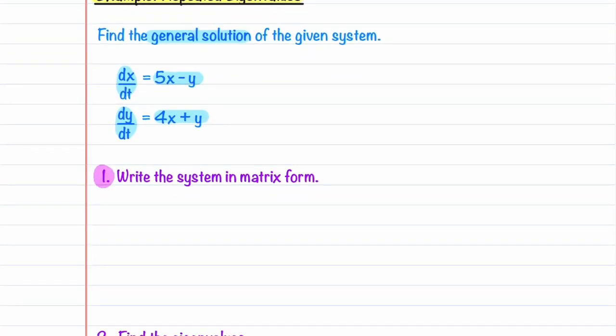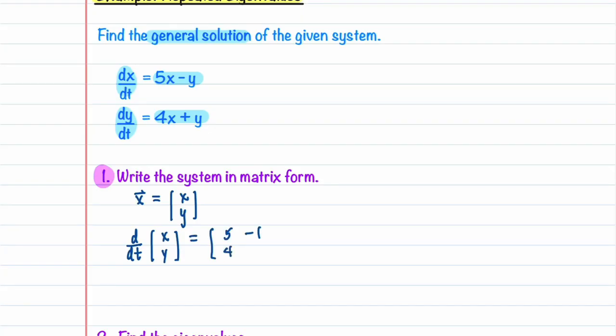The first thing that we want to do is write this system in matrix form. We're going to let x be equal to (x, y), and this gives us the derivative with respect to time of (x, y) is equal to [5, -1; 4, 1].